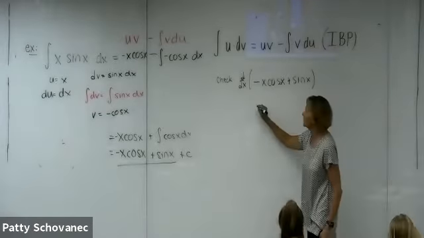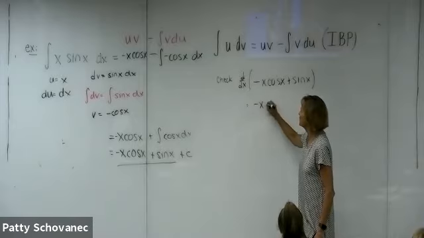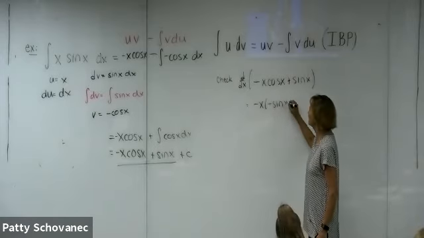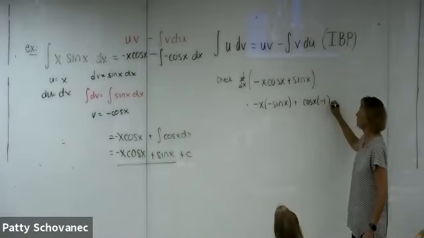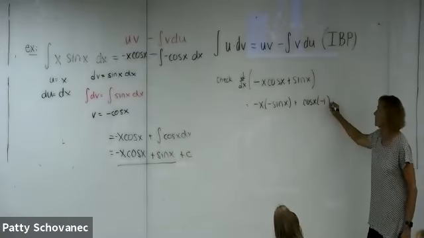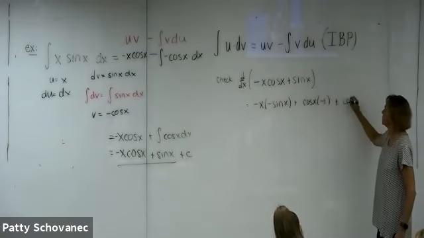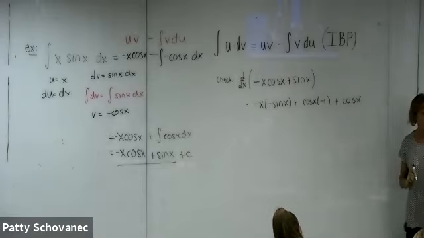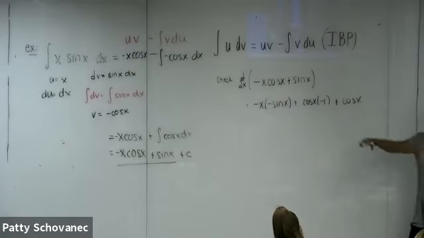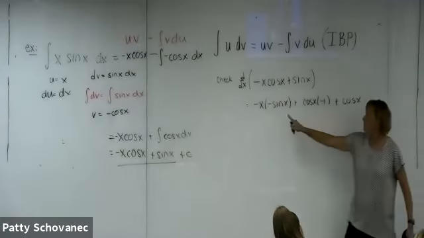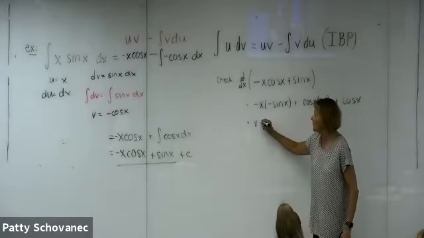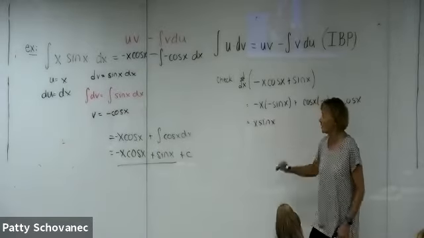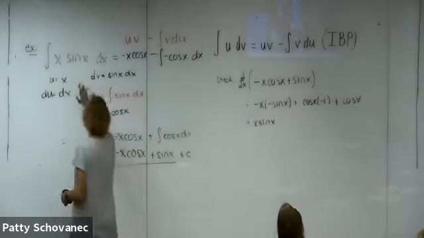The product rule here, we get the first times the derivative of the second, plus the second times the derivative of the first. Now I'm going to take the derivative of sine of x and get a cosine of x. These two add together to give me 0. Those two multiply together to give me a positive. And there's what we were integrating. So that is indeed the antiderivative.